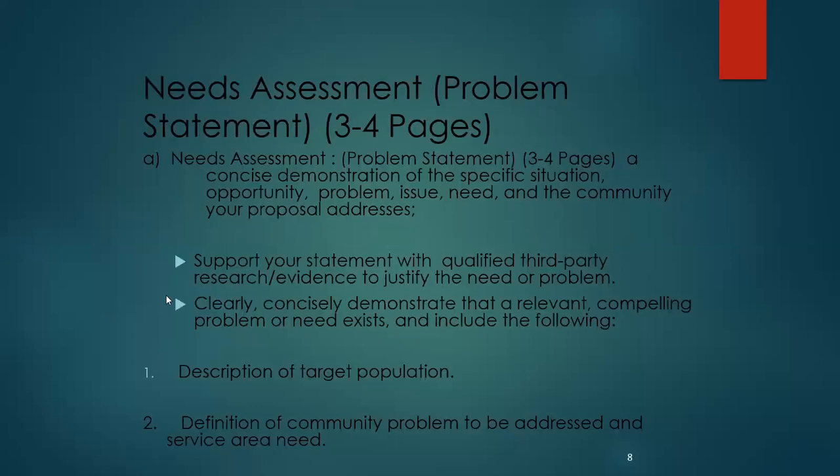When you're saying, if you can go back, Michael, right here, number 2, definition of community problem to be addressed and service area need, can you elaborate on that? Yeah, this is when you want to break this down. Based on your survey, based on your research, you talk about the service that's needed. You can talk about a mentor program, a tutoring program, all those services you think are needed in order to solve the problem.